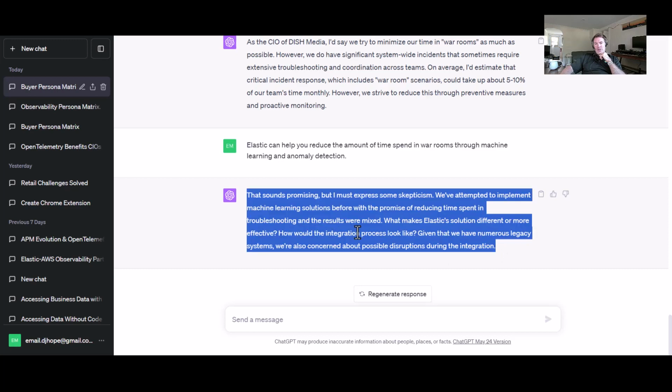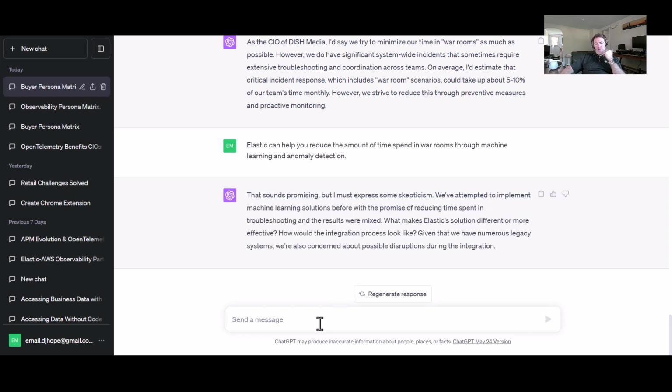So now we can actually practice our objection handling with ChatGPT. So we can say, Elastic has many years of machine learning expertise.